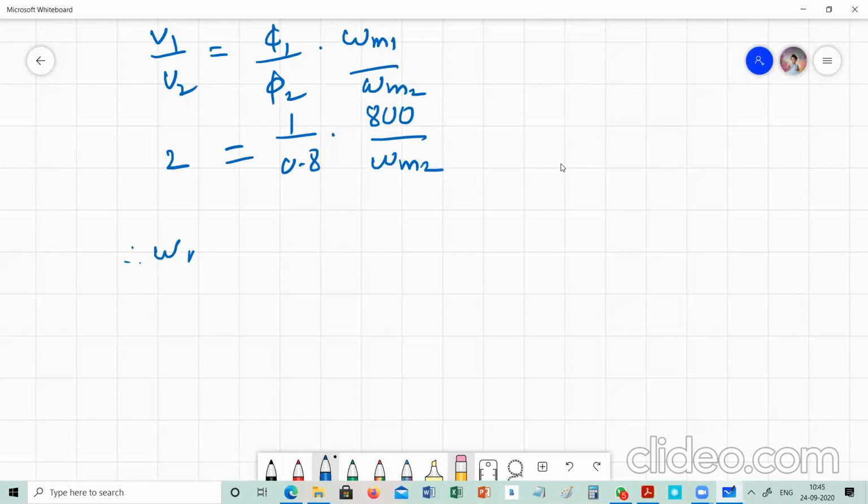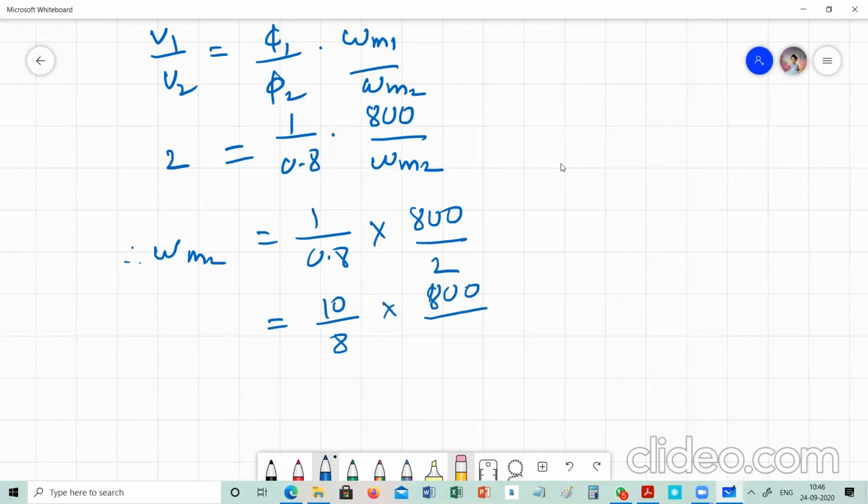Therefore, omega m2 is equal to 1 by 0.8 into 800 divided by 2. 1 by 0.8 means 10 by 8, into 800 divided by 2. 8 ones are 800, 2 ones are 250, which is equal to 500 rpm. So we have calculated the speed.